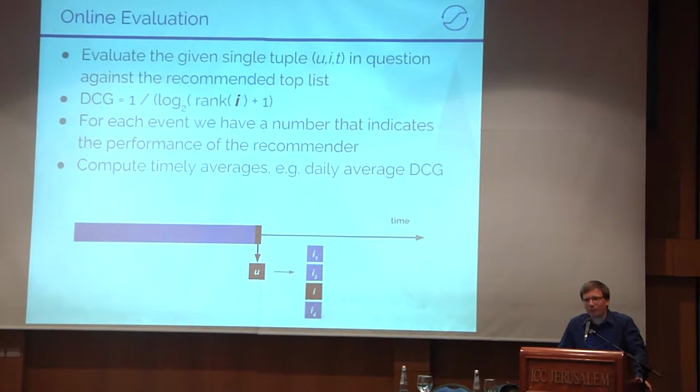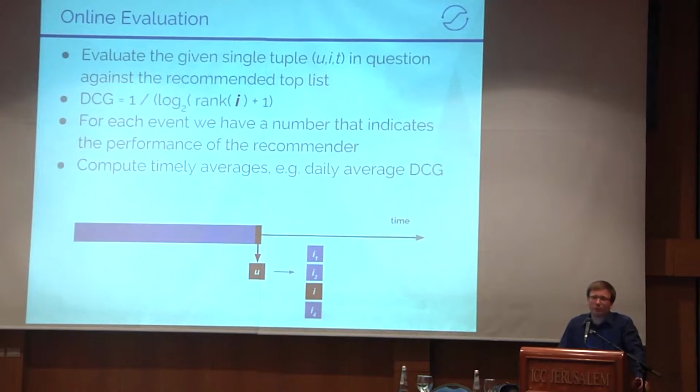We check the position, the rank of this item in our recommended top list. And we define a monotonically decreasing function, called DCG in recommender systems research, for a given item and a given rank. This can be seen in the equation on the slide. It's simply a monotonically decreasing function of the rank.